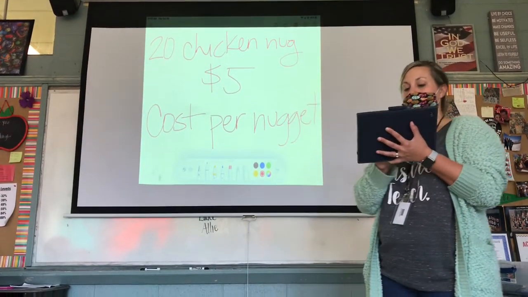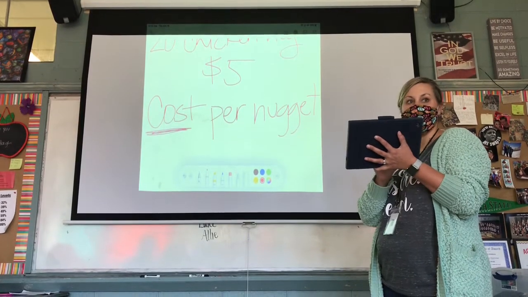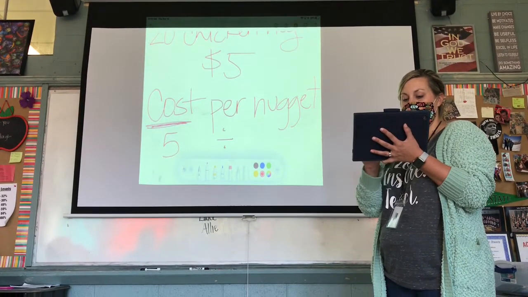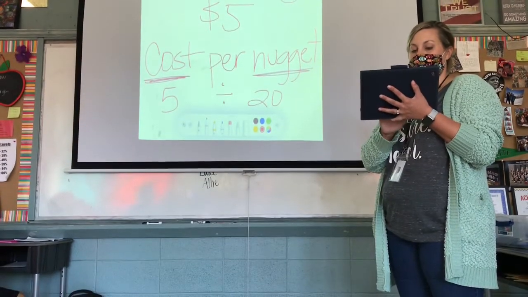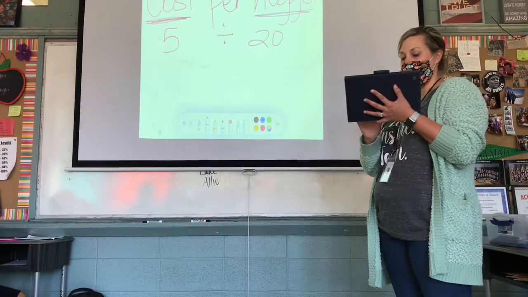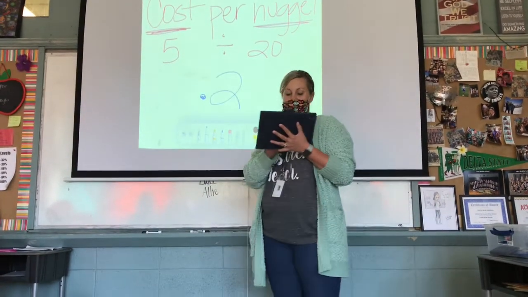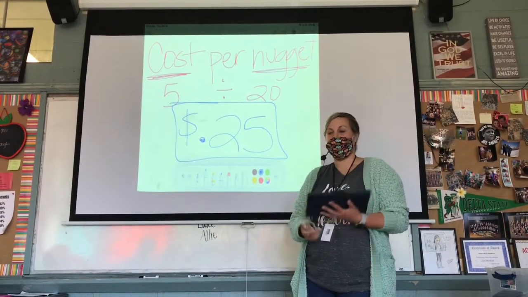That order tells you what to divide. How much did they cost? $5. $5 divided by how many nuggets did we get? 20. What is the cost per nugget? 25 cents. Each chicken nugget costs a quarter.